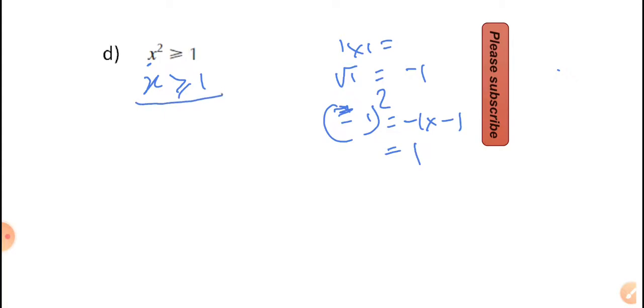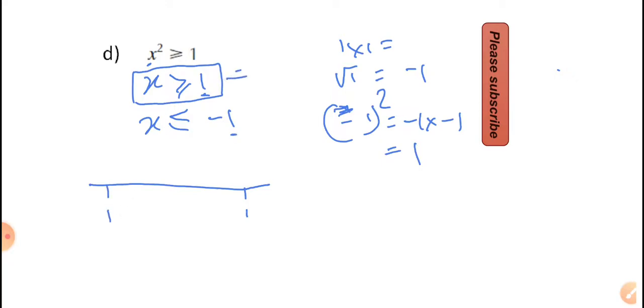The easy answer, the positive answer, lies here. There's also the negative answer, so x and minus 1. Remember, you have to flip the sign, so that is like this. And how do you show that on the number line? Because I can see 1, you write 1. Because it's minus 1, you write minus 1.